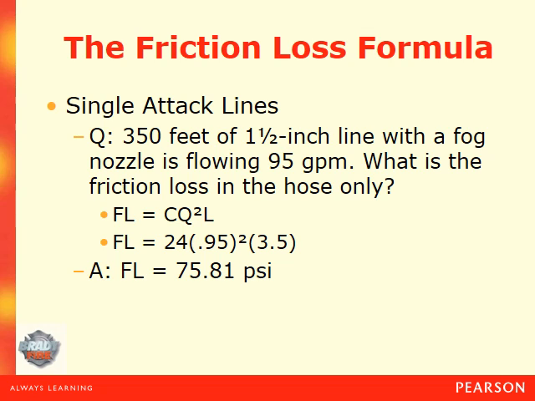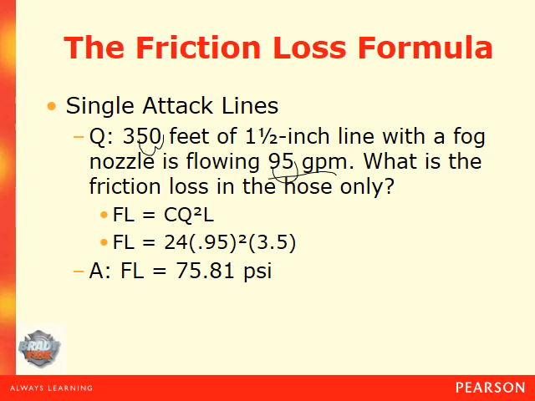So our coefficient is going to be 24, and we got that from our chart. We know we're flowing 95 gallons per minute, and again we're going to divide that by 100, so that makes it 0.95. And the same goes for the feet of hose, which again we're going to move over 2 decimal points just because we're dividing it by 100, and that gives us 3.5. So now we go ahead and multiply our exponent, 0.95 times 0.95, and that'll give you a 0.90.